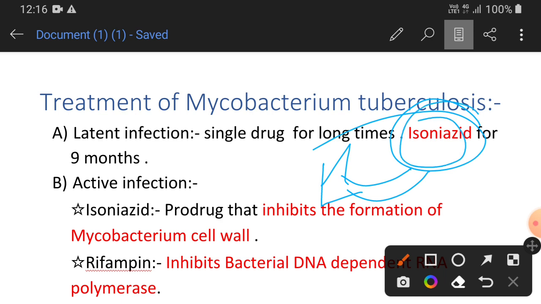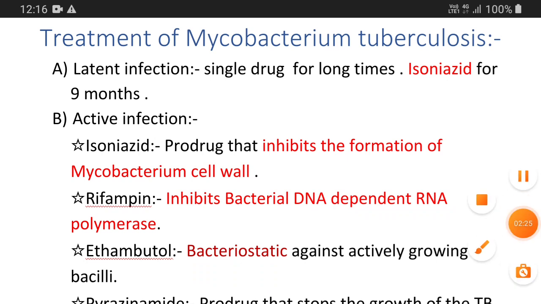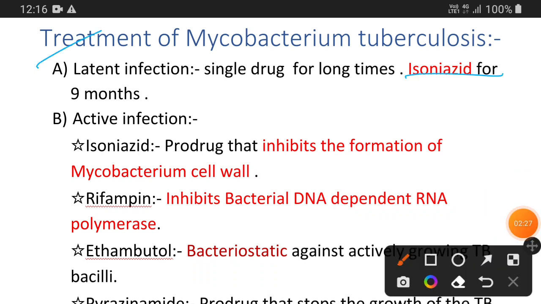Because Isoniazid only has the ability to inhibit mycolic acid synthesis, and we all know that mycolic acid is a component of the cell wall of Mycobacterium tuberculosis. So we only use Isoniazid for Mycobacterium treatment. That is the thing to remember. We can use Isoniazid for 9 months in case of latent infection.